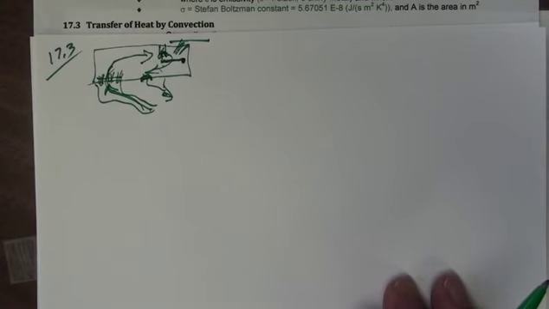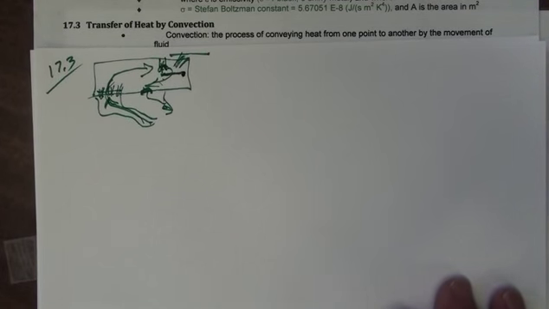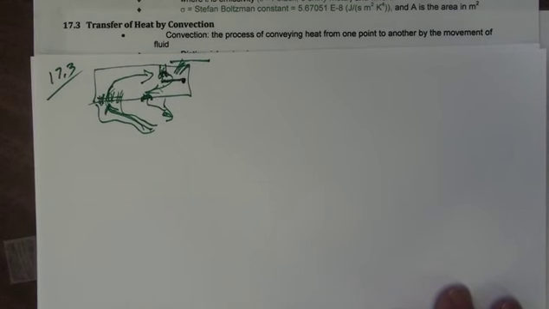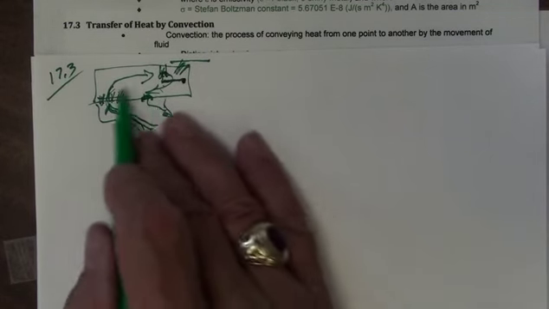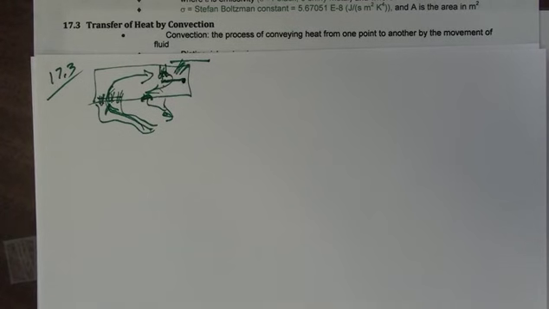Convection is the exchange of heat from one place to another by actually the movement of a fluid. And that fluid could either be a gas or a liquid. We have that convection in the movement of heat in our Gulf Stream, in the ocean.